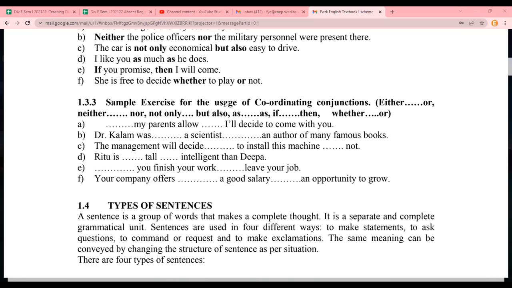If then? How then? Whether you finish your work or leave your job. It can be either or: either you finish your work or leave your job. Either or. Okay. So what are you asking, Adesh? Option D. D.